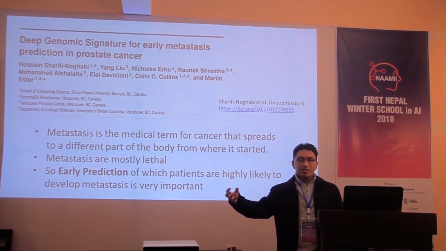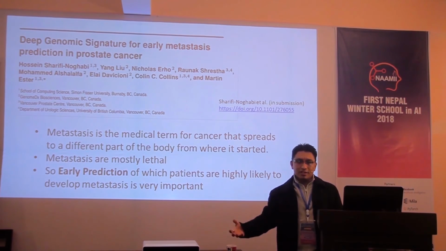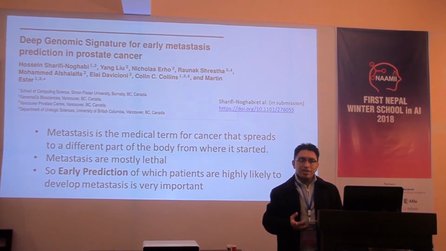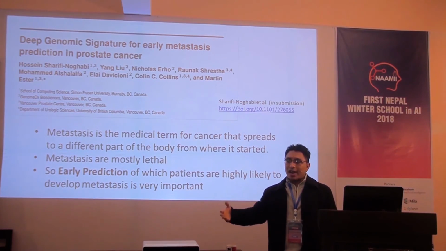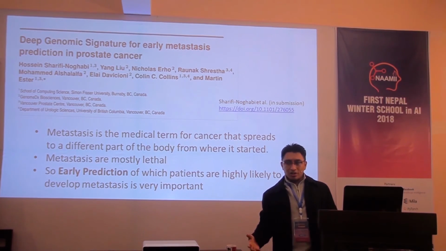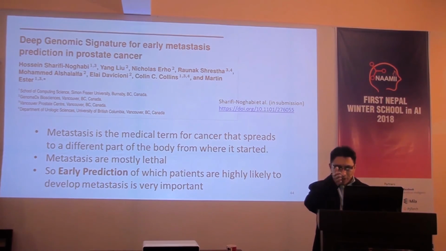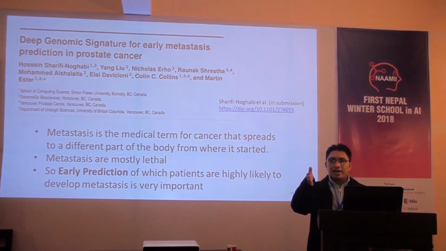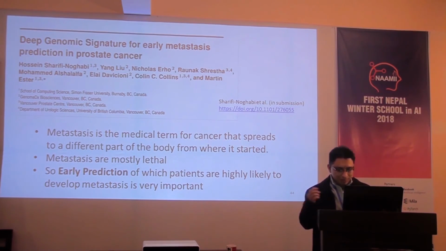And this process is called metastasis, and metastases are very lethal. Cancer patients who have advanced to metastasis are likely to die in a very short amount of time. And so it is very critical to identify which patients might develop metastasis and which might not.